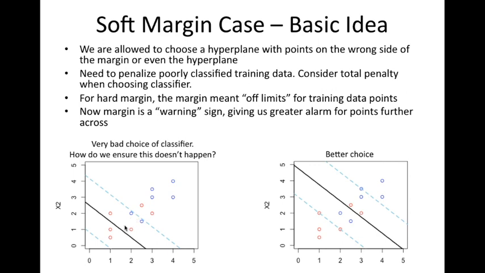So in this case, if the red group is considered to be more towards 0, 0, and the blue group is towards higher values of both x1 and x2, here we have 1, 2, 3, 4 points on the wrong side of the classifier entirely. These two red points are also on the wrong side of the margin. These two blue points are on the wrong side of the margin. That's all very bad. So here we just have 4 points slightly off. That's a little bit better.